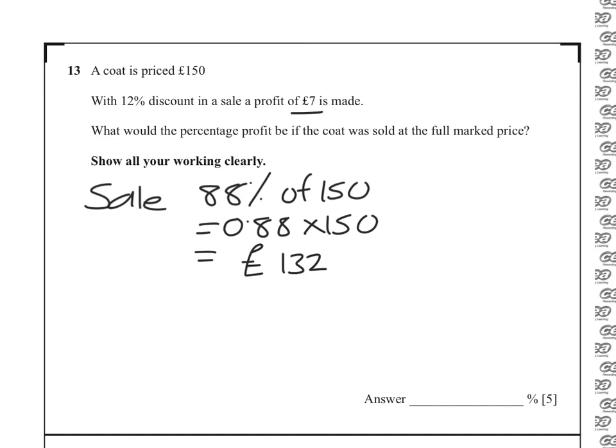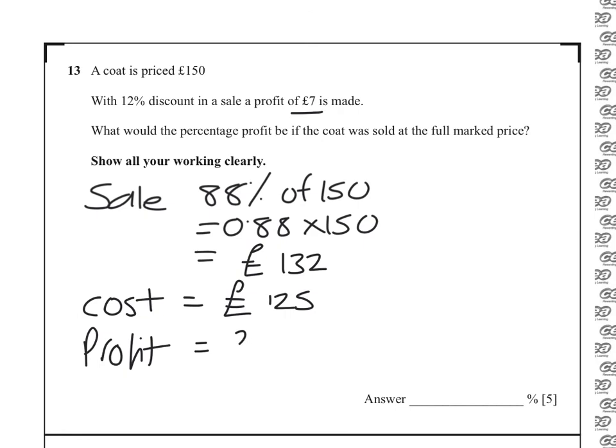We made a £7 profit, which means the cost of the coat is 132 minus 7, so £125. If we had sold it then at the full price, our profit would have been £25 out of 125, which is 1/5 or 20% profit.